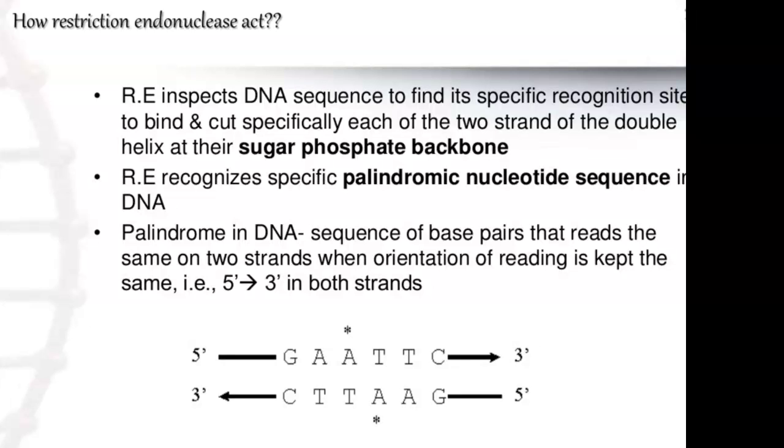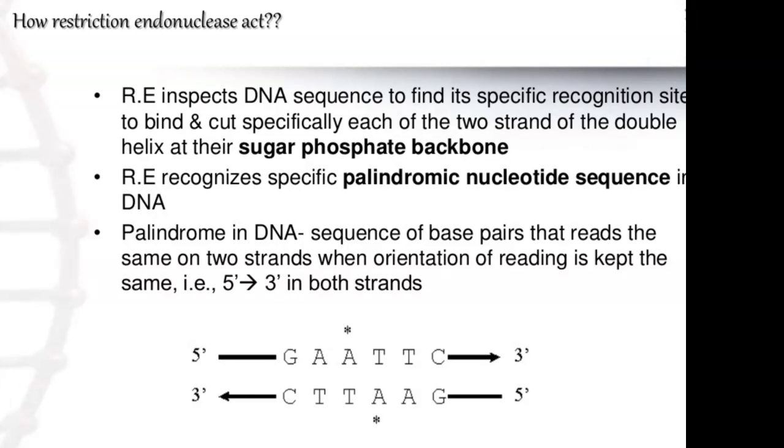Since the DNA is a double helix, a palindrome in the DNA is a sequence of base pairs that reads the same on the two strands when the reading orientation is kept 5' to 3' on both strands.